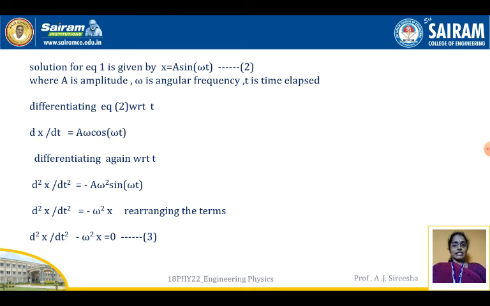We already discussed that a sine omega t can be taken as x. Rearranging the terms, d square x by dt square is equal to minus omega square into x. Bringing the negative term to the left hand side, we get d square x by dt square plus omega square into x is equal to 0. This is called equation 3.